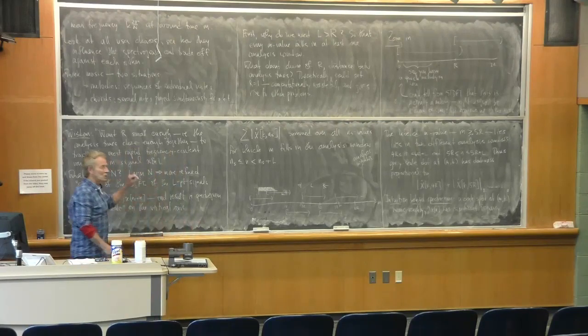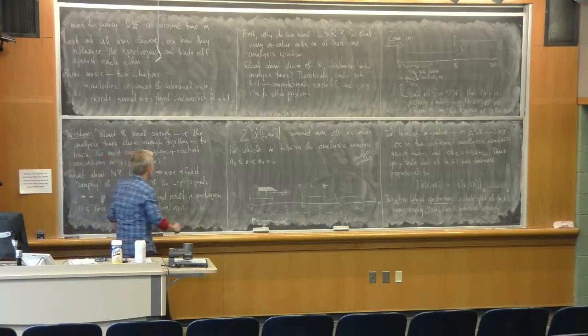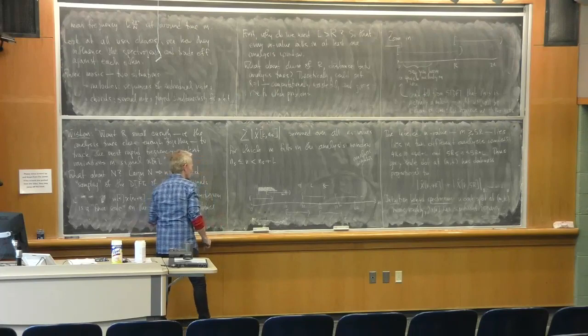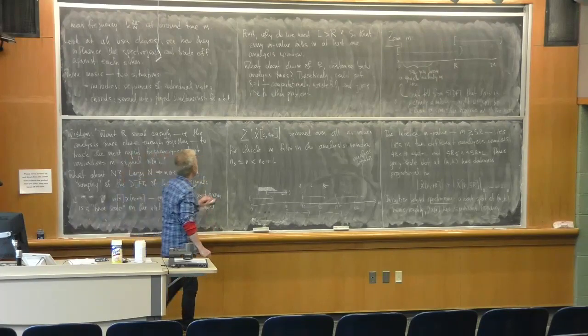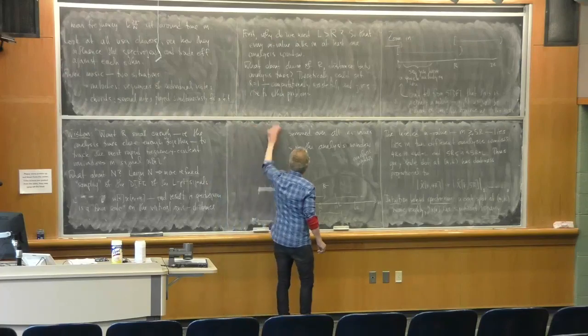The distance between adjacent k's is going to be 2 pi over N, which is obviously smaller when N is larger.